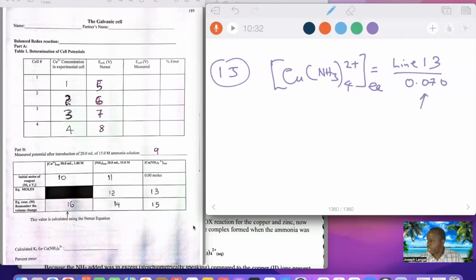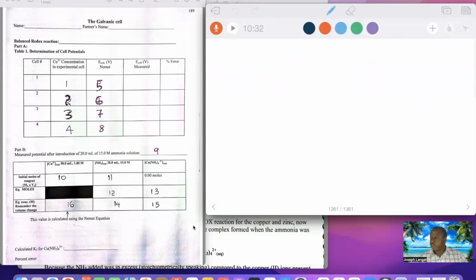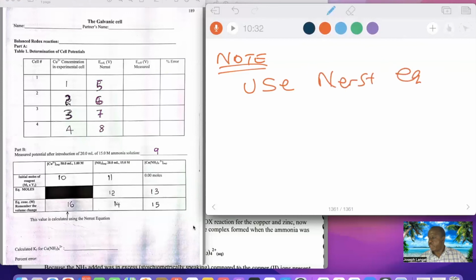Again, right here is 50 plus 20 ml, which is where the 70 ml comes from. Now for line 16, use the Nernst equation. You remember, I didn't mention anything about line 9. This is just what you will measure.